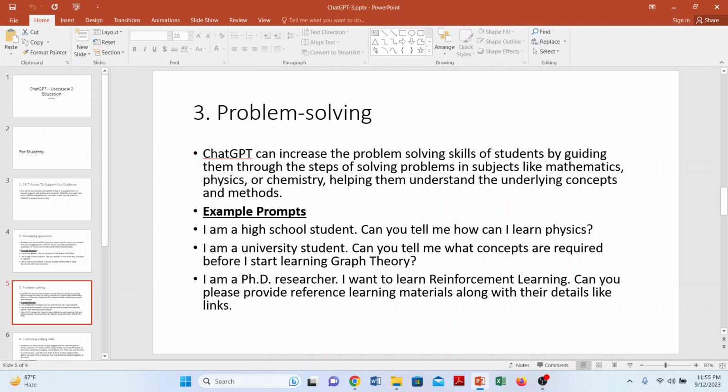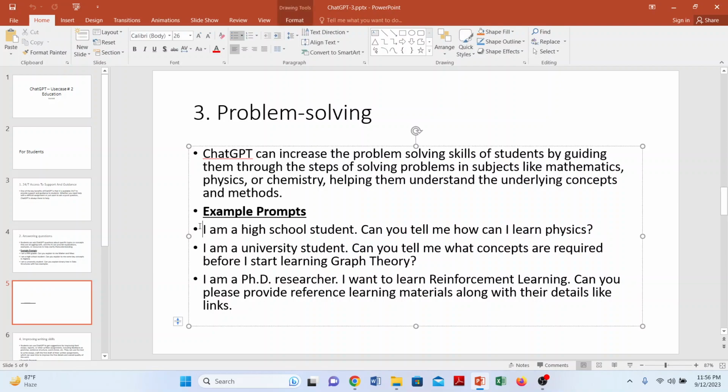So it will tell you about that. Second prompt is, I'm a university student, can you tell me what concepts are required before I start learning graph theory? So it is going to tell you which concepts are required. Third prompt is, I'm a PhD researcher and I want to learn about reinforcement learning. Can you please provide reference links? So you can ask about the reference materials and their details as well.